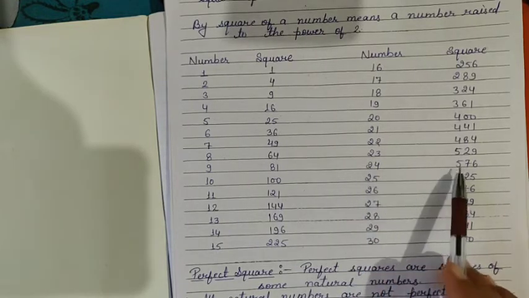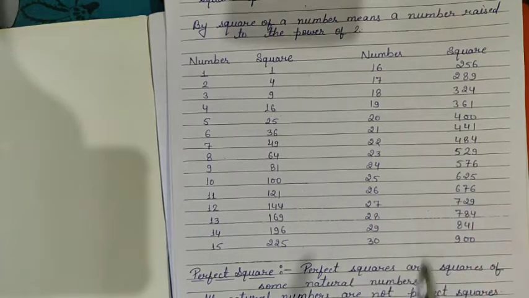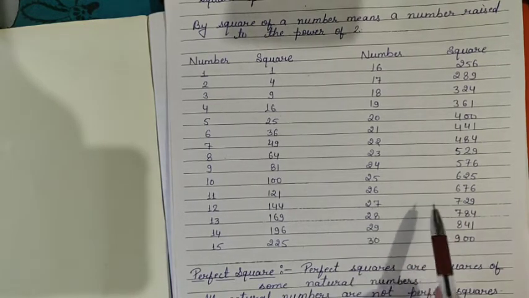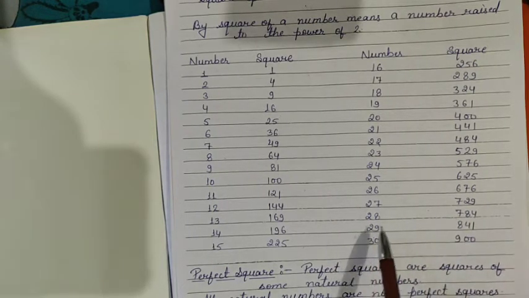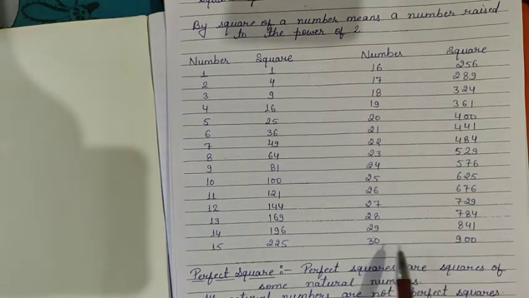Square of 24 is 576. Square of 25 is 625. Square of 27 is 729. Square of 28 is 784. Square of 29 is 841, and square of 30 is 900.